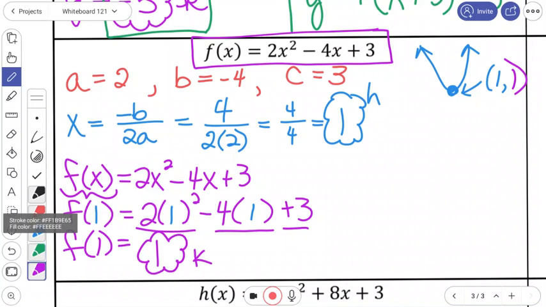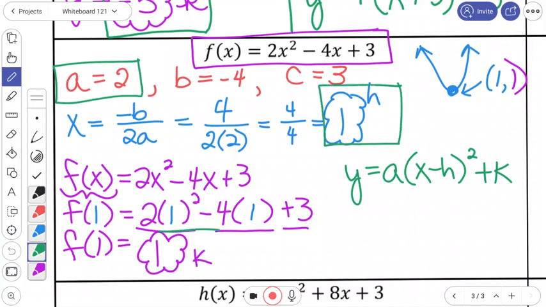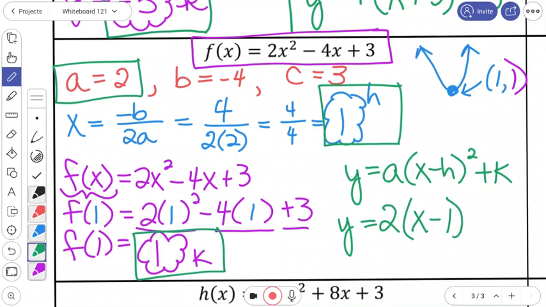Now, in order to write our equation in vertex form, it's always y equals a times x minus h squared plus k. We have our a value, we have our h value, we have our k value. So y equals a value of 2 times x minus h, x minus 1 squared, and then plus our k value, plus 1.